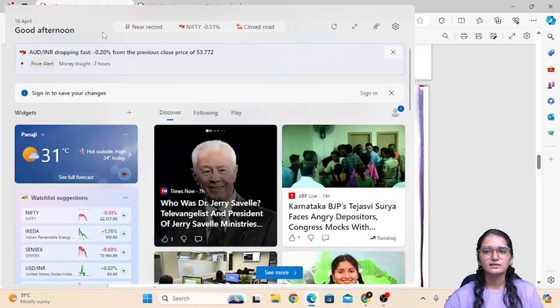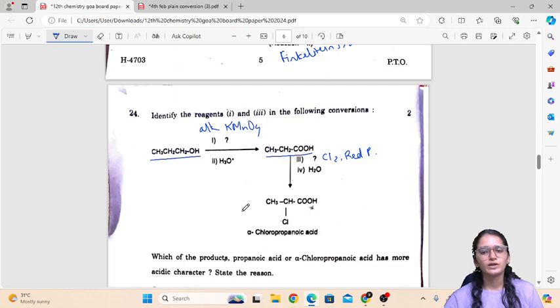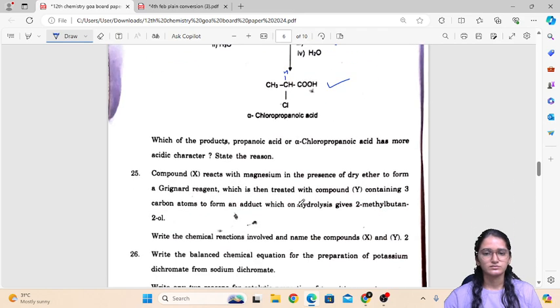The one with more acidic character will be this one, because here there is one proton, this H. The definition of an acid is that it is the one which can donate a proton easily. So this can donate a proton easily rather than the other compound. That's why this will have the more acidic character.